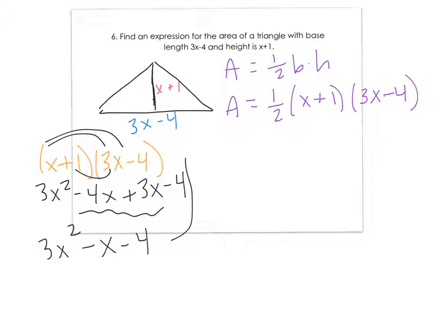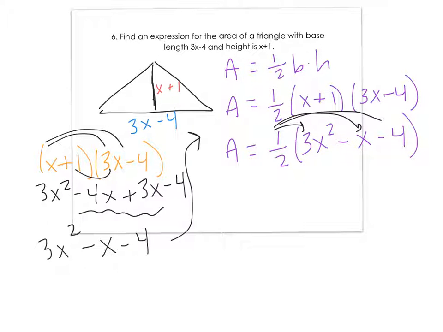So now I'm going to use that right up here. If I continue with my formula, area now equals 1/2 of 3x squared minus x minus 4. And now I'm going to distribute that 1/2 to every term inside the parentheses and use the distributive property.